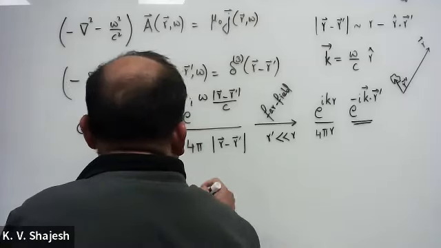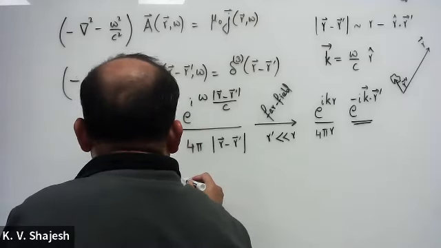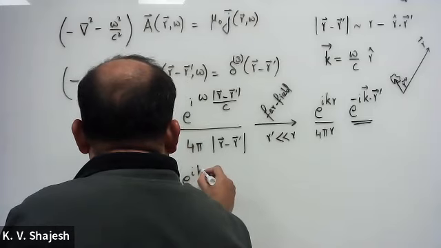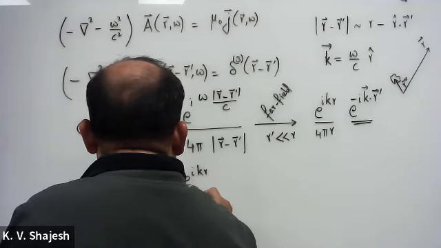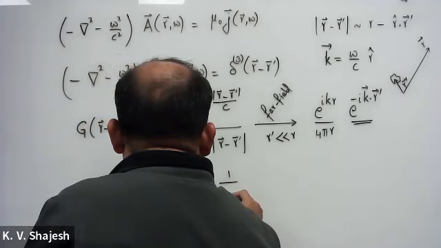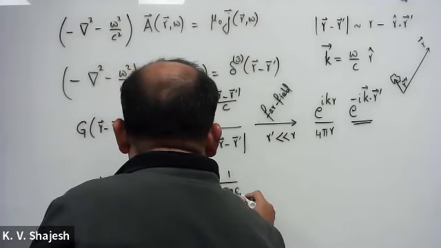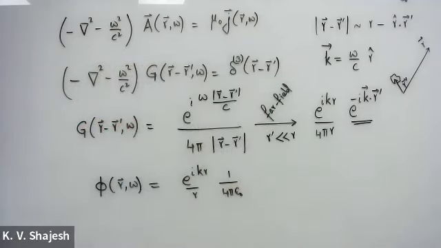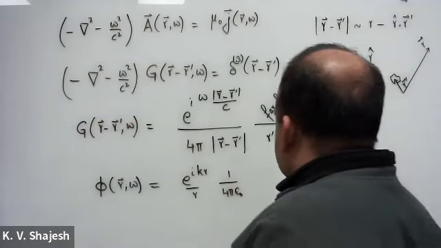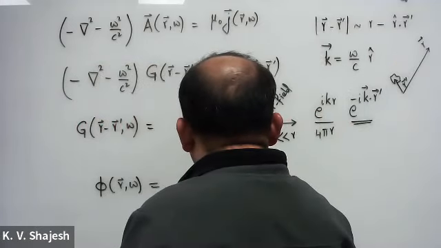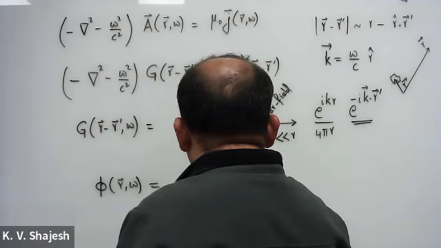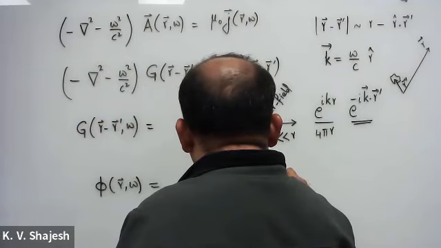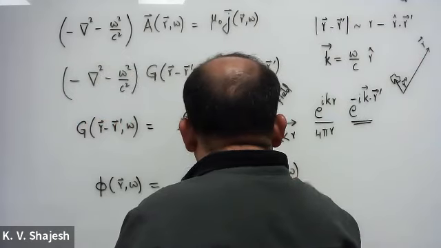It is equal to e raised to i k r over r times 1 over 4 pi epsilon naught, times the Fourier transform of the source, now a function of k and omega.